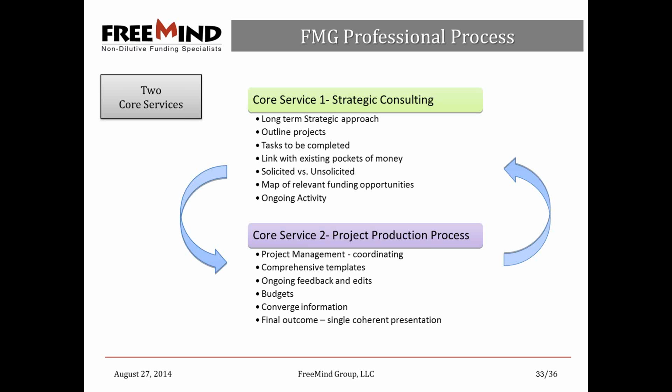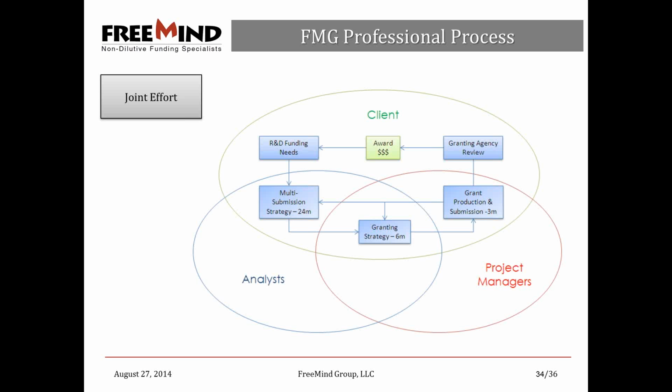This granting strategy is then executed using the project managers who see the client through the submission with the grant production process. The review is external, as I mentioned, and the award is made, and this goes on until we fund all of your R&D needs. This is a cyclical process. The granting strategy is updated regularly, and thanks to the learning curve between the client and FreeMind, we get better at it over time.